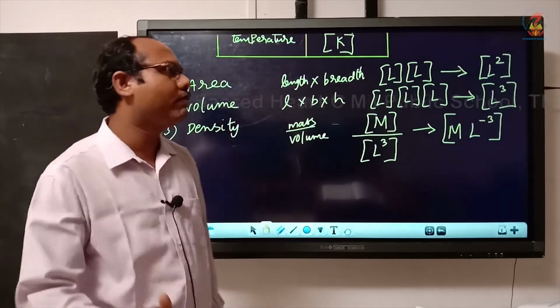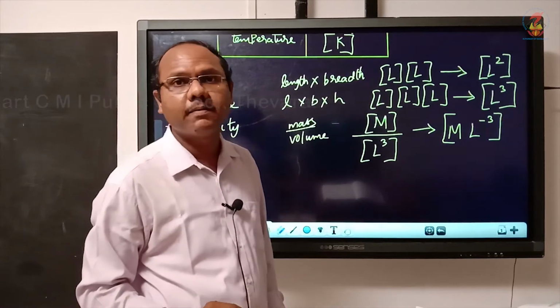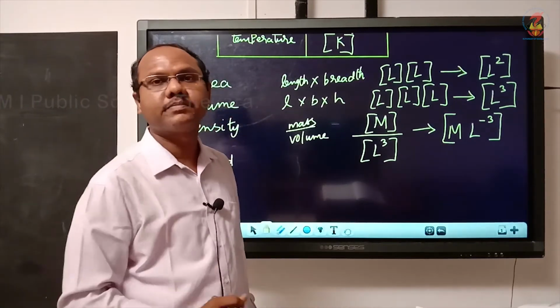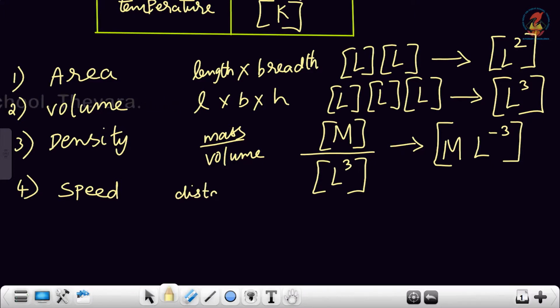Now we will go for the fourth one, speed or velocity. What is the equation for speed? Yes, distance by time. That is the formula.